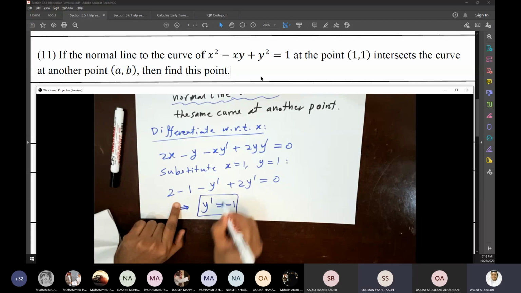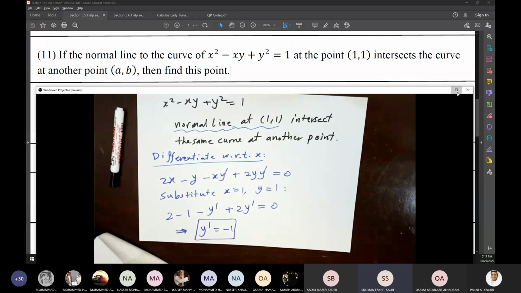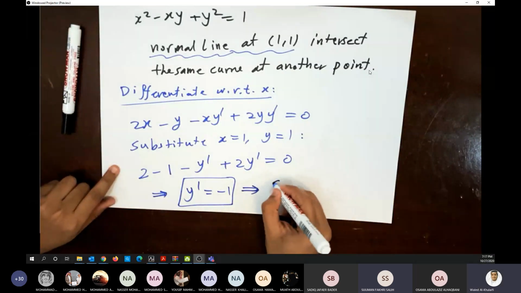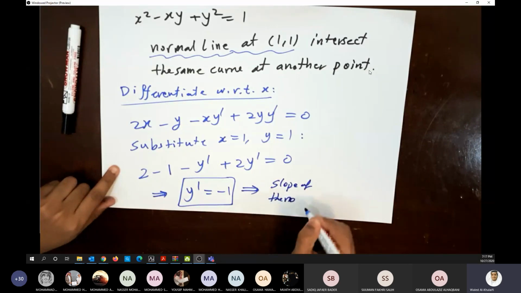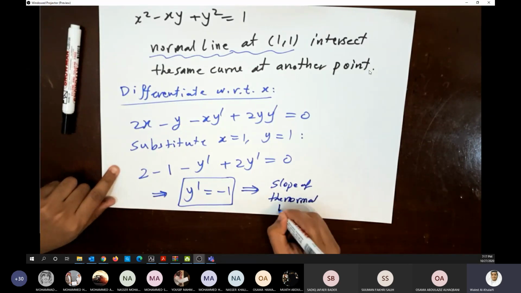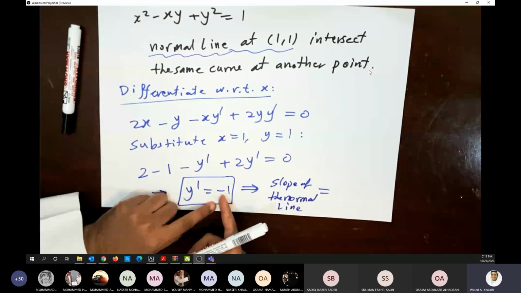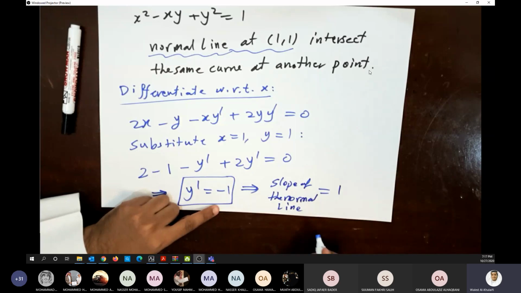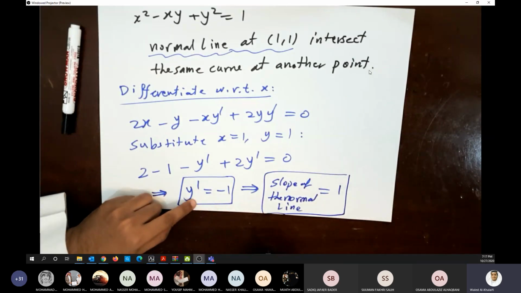Now, what is the slope of the normal line? The reciprocal. It's 1. Right. The slope of the normal line is equal to the negative reciprocal of this one. So you flip negative 1, it's negative 1, and then take the negative sign, which is 1. You know this from before.